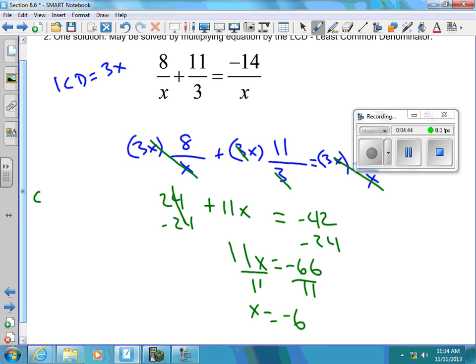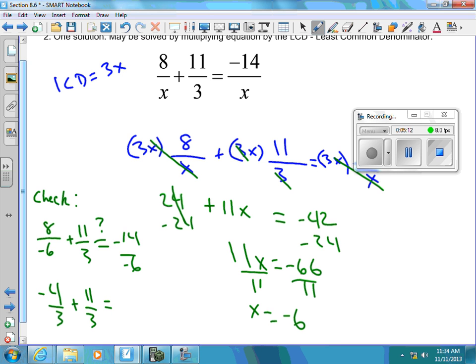Obviously, we check it, plug it back in. 8 over negative 6 plus 11 over 3. Does that equal negative 14 over negative 6? Simplify each side. If I add negative 8 sixths to 11 thirds, I could do that in my calculator, or I could see that it reduces to negative 4 thirds plus 11 thirds.